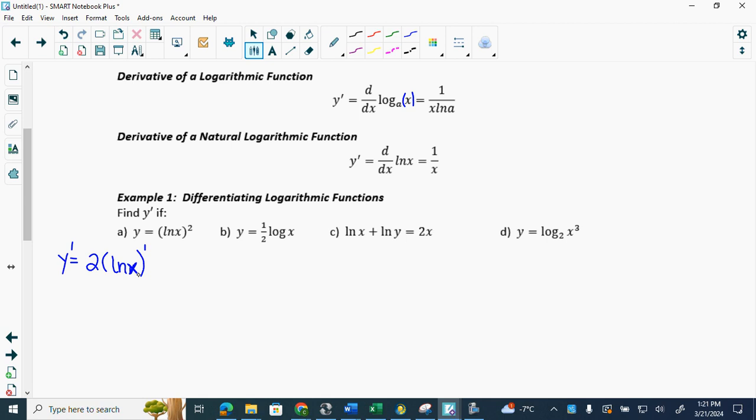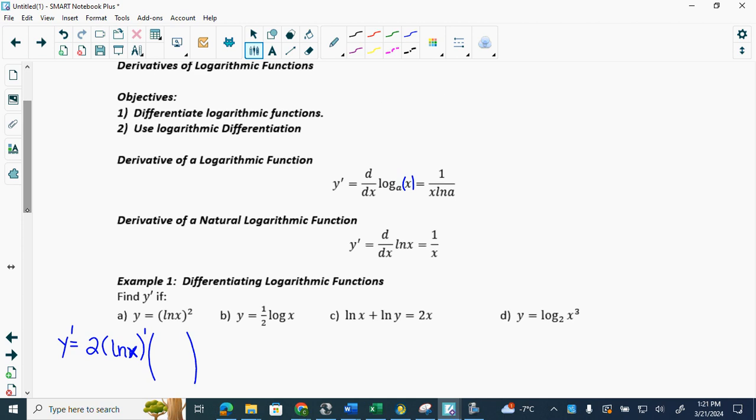Okay? Then we have to follow behind by the derivative of ln x. I'm going to do it up here just so you can see. So ln x is the same as what? You're giving me the derivative. I want to know what ln x is. We haven't even gotten there. Ln x is log base e of x.